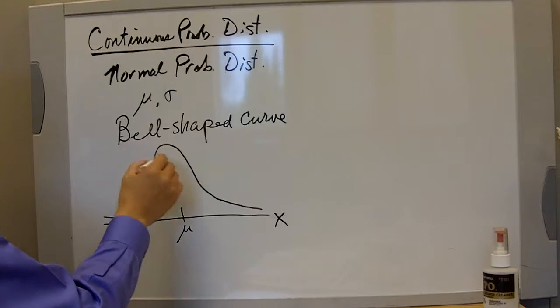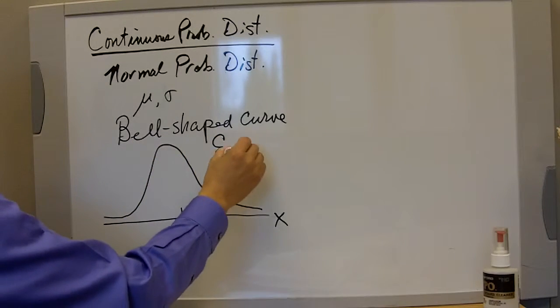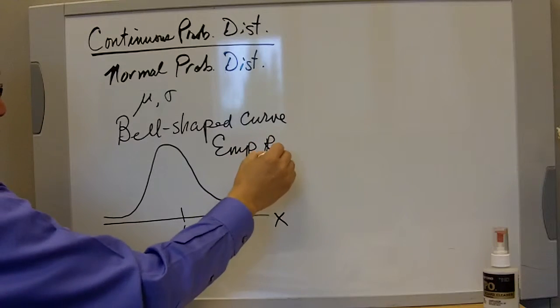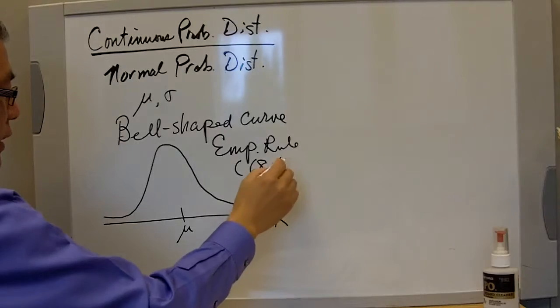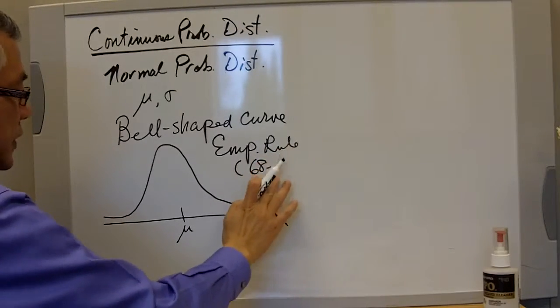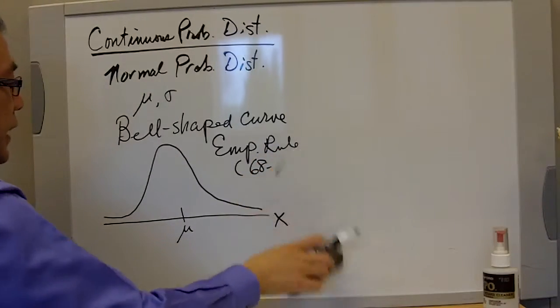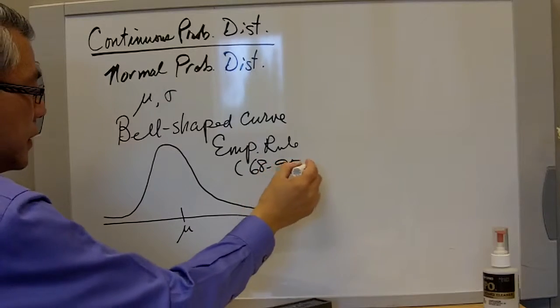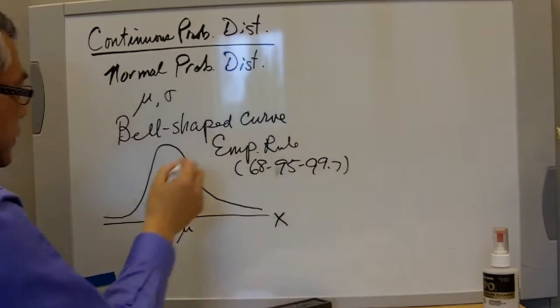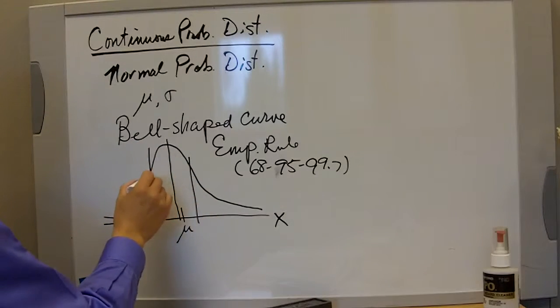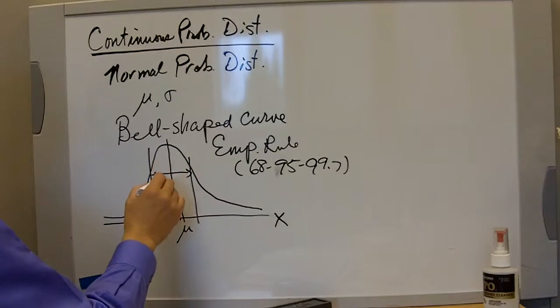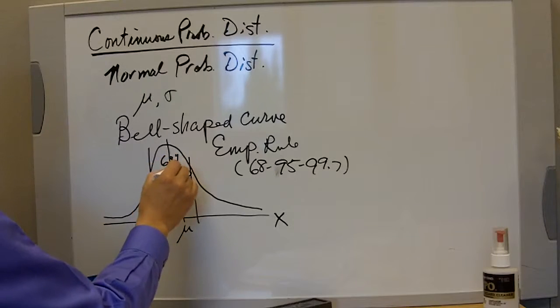If you still remember the empirical rule, which is also the 68, 95, 99.7 rule, one standard deviation of the mean from here to there is approximately 68%.